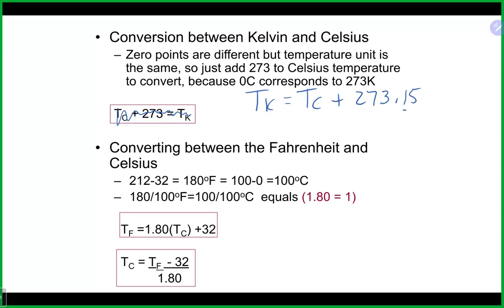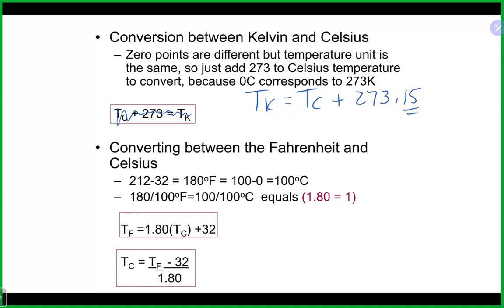They do want you to use the number with the 0.15. I'll be honest, most places and most people drop the 0.15, but here they have very special rules, so we will keep the 0.15 on those numbers. A lot of places will just use 273 without the 0.15 part.